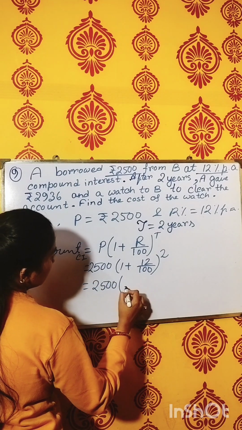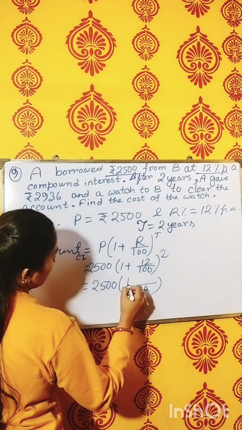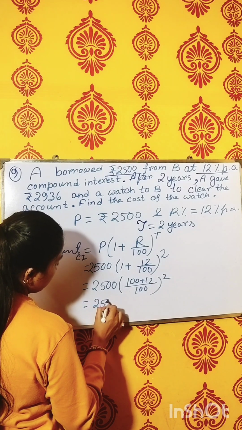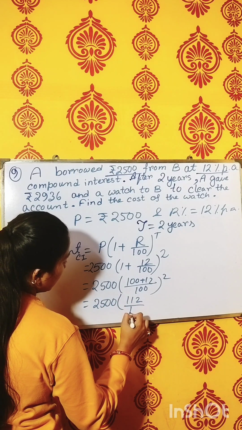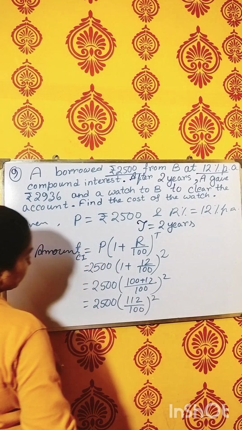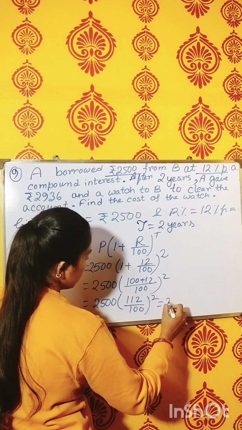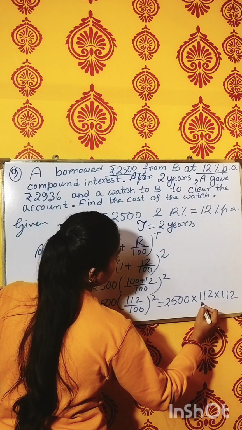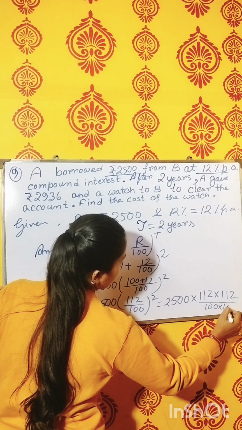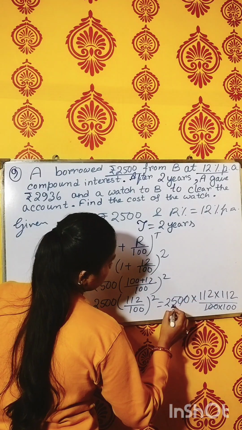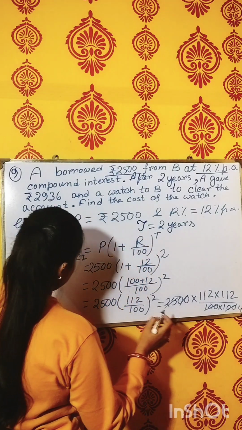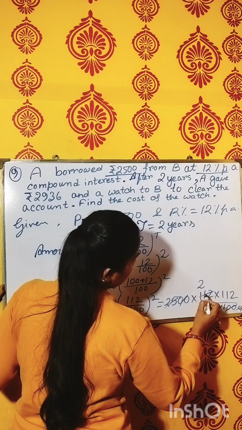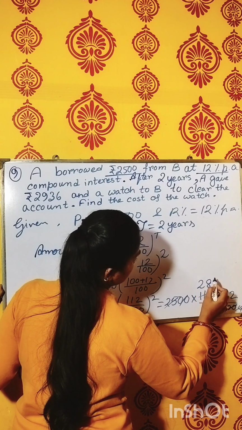2500 multiplied by, taking 100 as its LCM, therefore 100 plus 12, 112 by 100 whole square. That means 2500 multiplied by 112 by 100 multiplied by 112 by 100. 100 cancels, 25 fours. Okay, now 4 is 4 twos are 8, 3 2, 4 eights are 32.